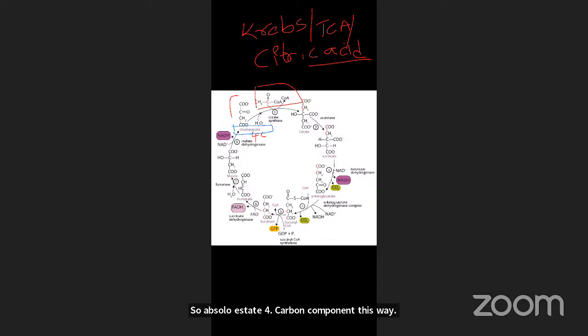Oxaloacetate, 4 carbon compound, 1, 2, 3, 4. Now, what about the acetyl coenzyme A? How many carbons? 2 carbons. Only 2 carbons, right? So, as a result, citrate or citric acid is formed.